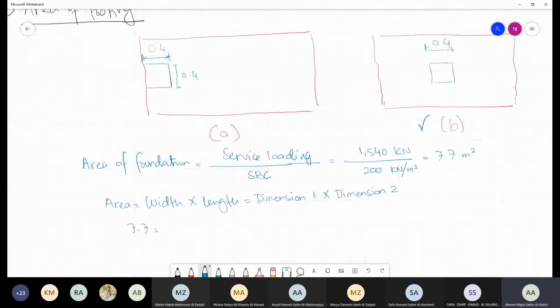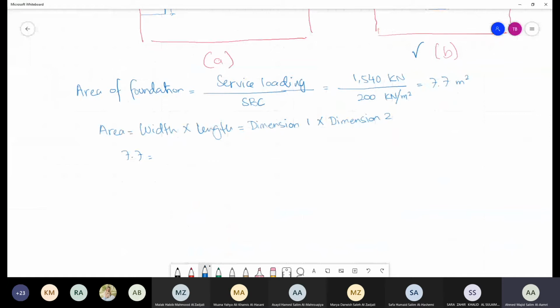So that's the maximum to be taken for one dimension. So 3. We need to calculate the other dimension. So my other dimension is going to equal 7.7 divided by 3, and this is going to give you around 2.57.